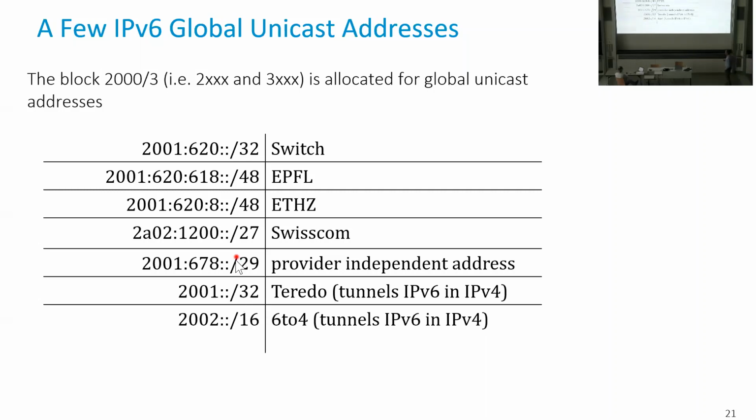And this is an example where the address is very specific. It carries a semantic. It means if you see such an address, it's a tunnel. You know it's a tunnel just by analyzing the first 32 bits. And that is used, for example, if a Teredo host speaks to another Teredo host using IPv6, they know, oh, I am Teredo, because my address, I know from my configuration, I'm Teredo.